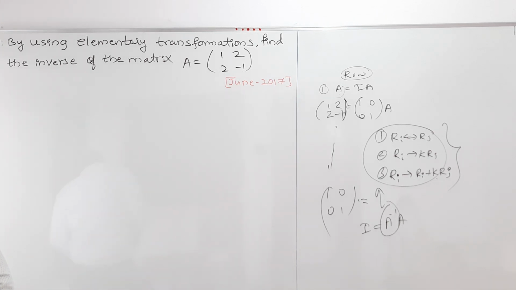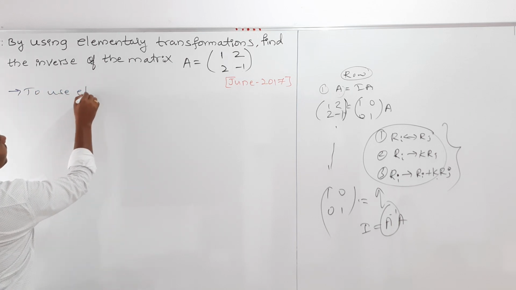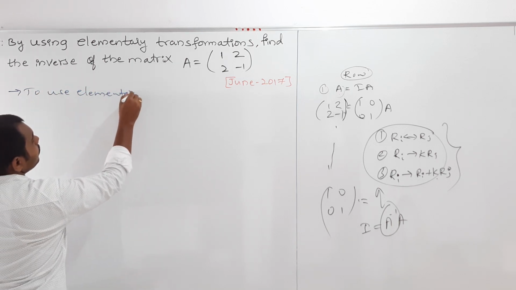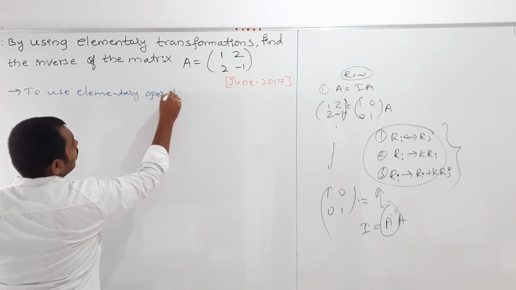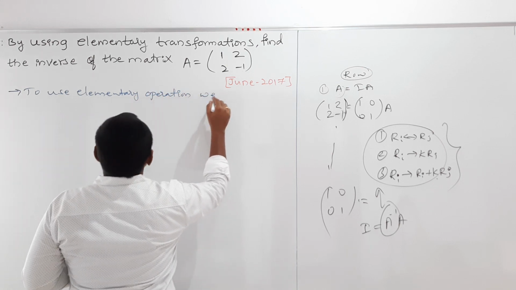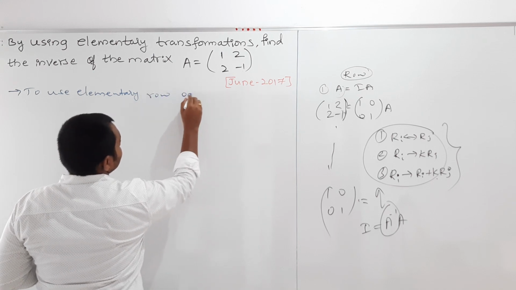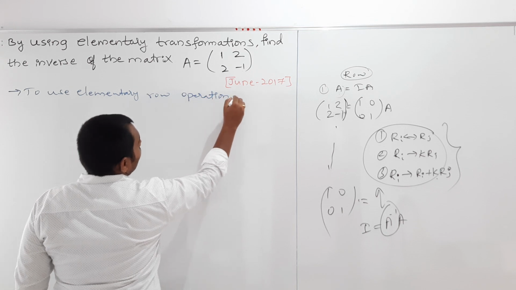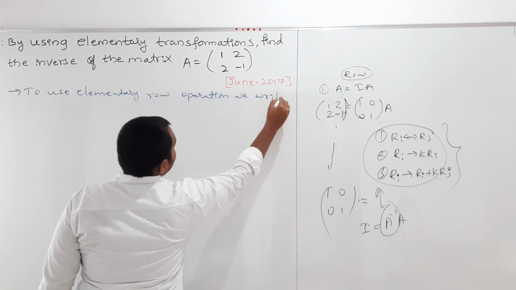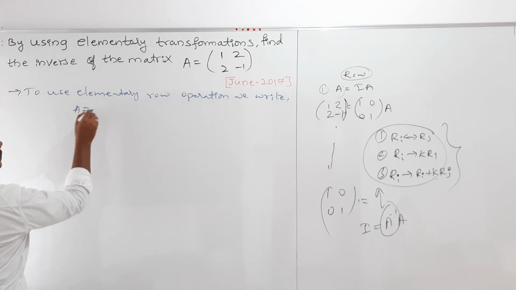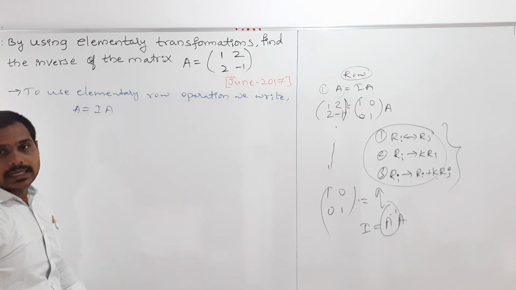To use elementary row operations we write A is equals to I into A. Clear, my questions.